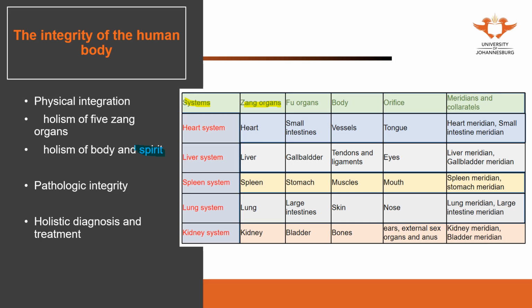For instance, the heart function includes the lung, spleen. Whenever we talk about the heart function, you need to think about that because they can't separate. You can't talk about the heart function by itself. So this is in physical, also in physiology, in our physiological condition. In pathological condition, they work together.